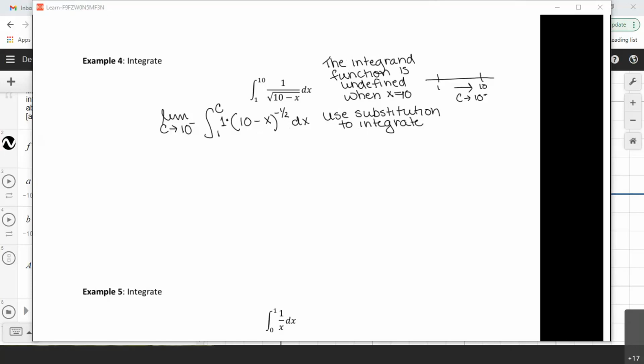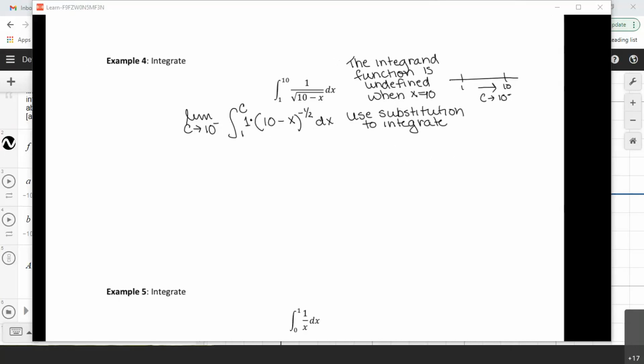It's usually pretty obvious when you need to use by parts because you're seeing a log and an algebraic, or an exponential and an algebraic. They're not related. Here I'm saying, well, I just got a 1. Oh, but hey, wait, that's part of the derivative of negative x. So use substitution to integrate.